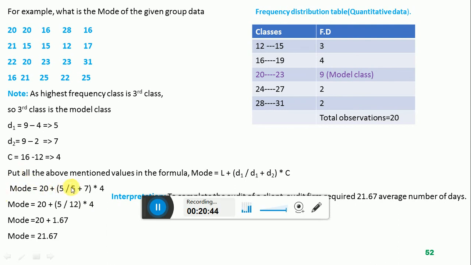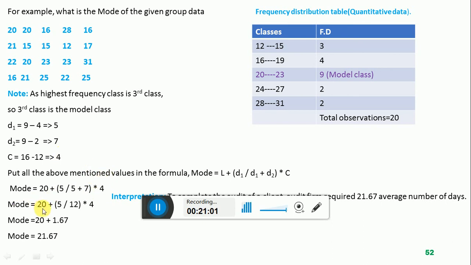This is 5 divided by D1 5 plus D2 7. D2 is equal to 7, so we substitute 7 for D2, multiplied by C, which is 4.